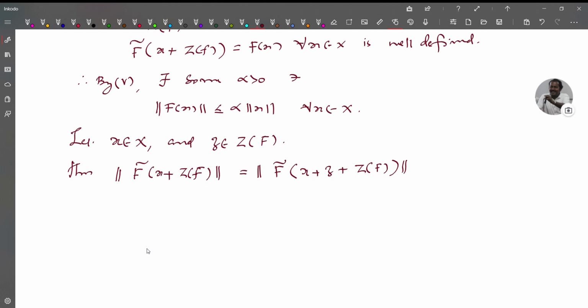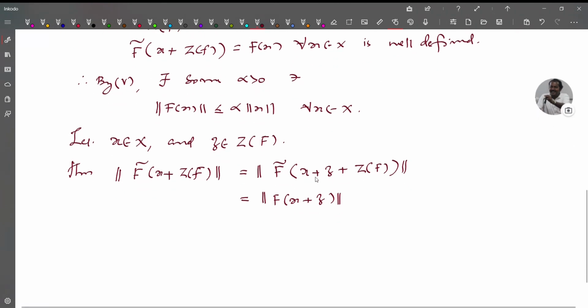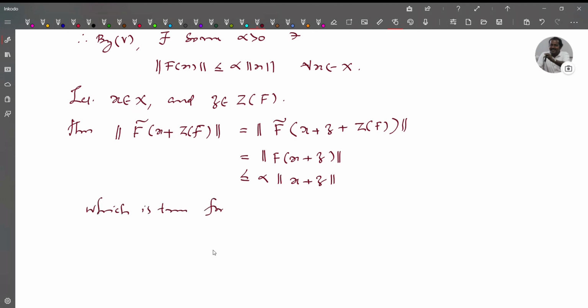This is equal to norm of f of x plus z by the definition of f tilde. This is less than or equal to alpha times norm of x plus z by 5, which is true for every z in the zero space of f.